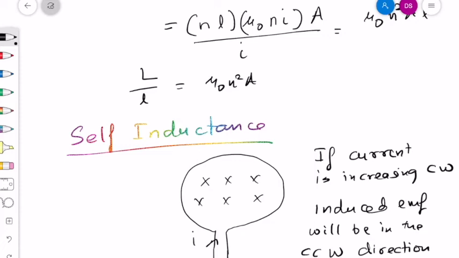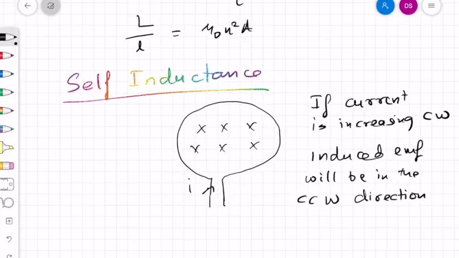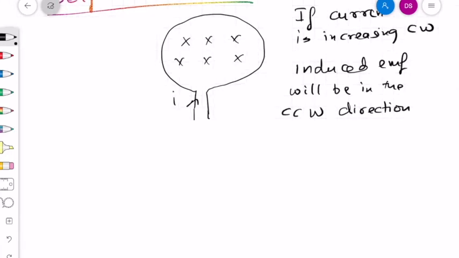Right? Okay, what would happen if the loop already had a steady current? If the current is steady, then obviously nothing happens. There is a magnetic field which is not changing, so there is no flux change and no induced EMF. So suppose the loop was carrying a steady current, and then you cut off the current, so you disconnect the circuit. The current is trying to come back down to zero, so the current is decreasing. This is just a separate example.